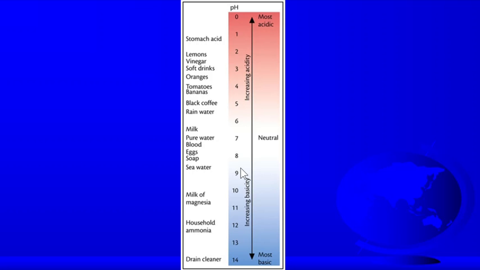All right, pure water, right at 7. Blood is a little bit basic. Eggs, soap, seawater, milk of magnesia, household ammonia, and drain cleaner. Can you go beyond 14? Yes, but not naturally. Can you go below 0? Yes, but not naturally.